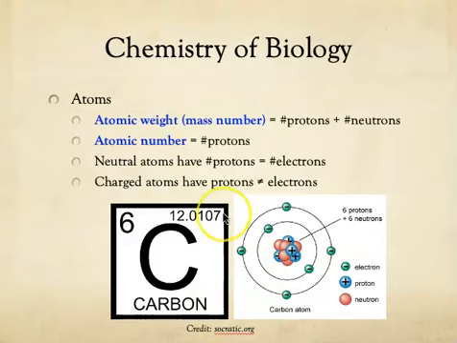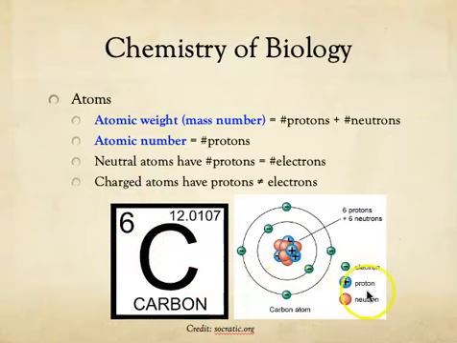But we need to have an understanding of what these numbers mean. The atomic number is simply the number of protons that you will find in the atomic nucleus for that element. So for carbon, the atomic number is 6.